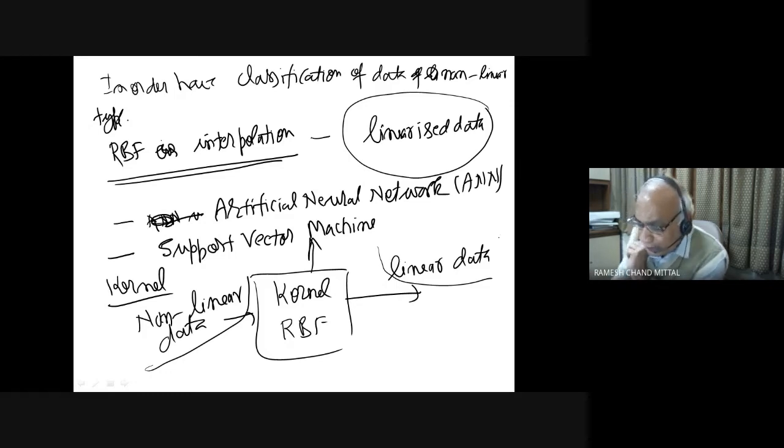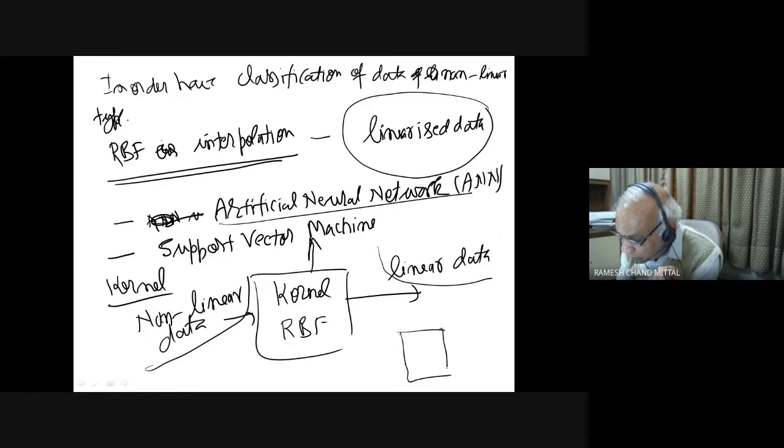On the other hand, the artificial neural network is nothing but something like your brain, which has neurons. So you have an input layer, and you have a hidden layer, and you have an output layer.